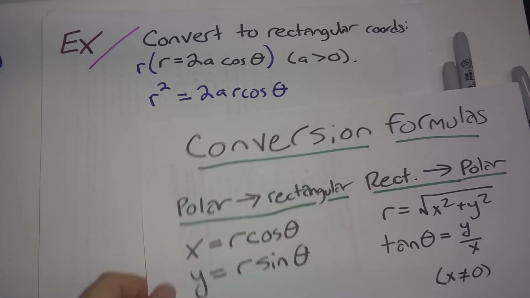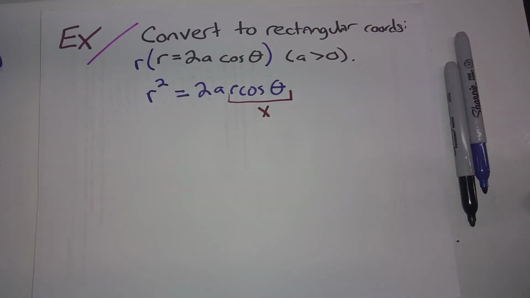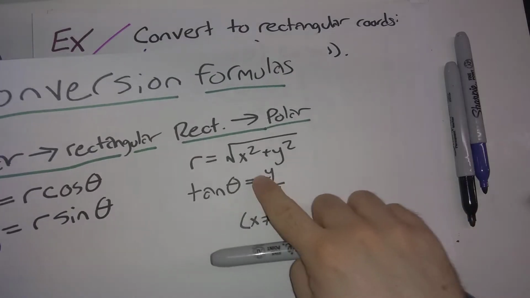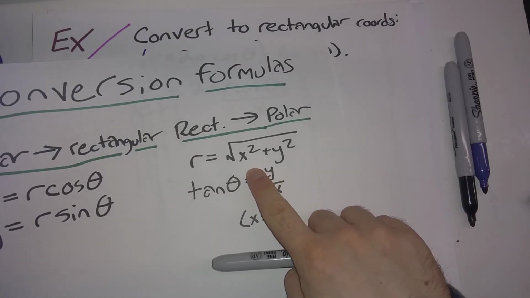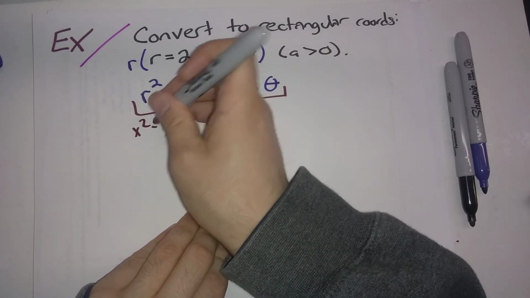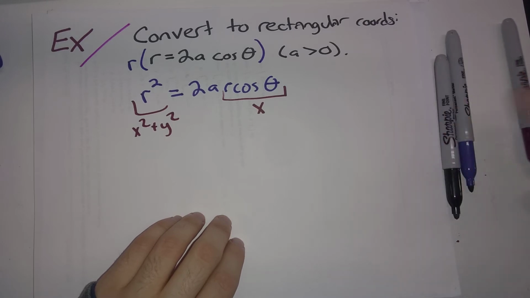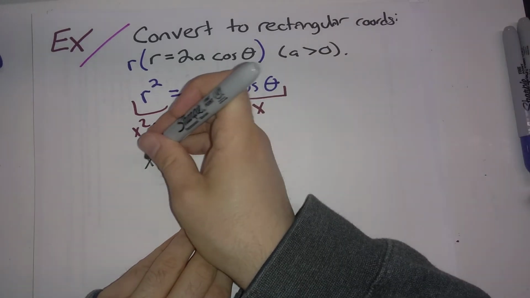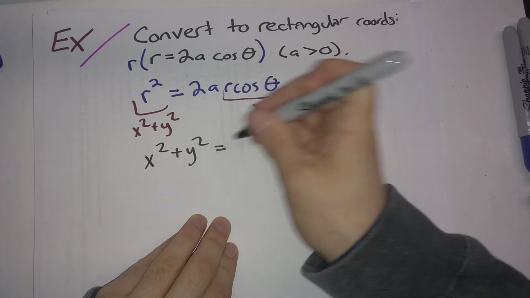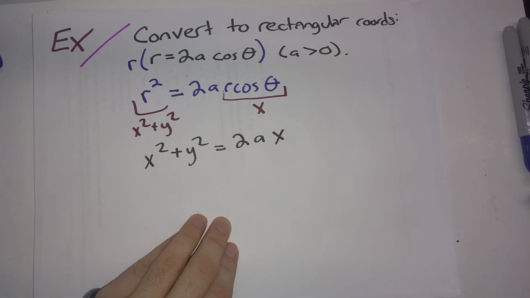So x is r cosine theta. So that is x. R squared, we know, r is the square root of x squared plus y squared, so r squared is x squared plus y squared. And so after making all these replacements, we have x squared plus y squared is equal to 2ax.